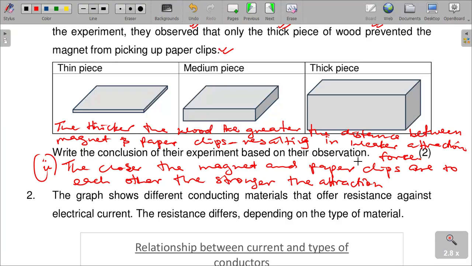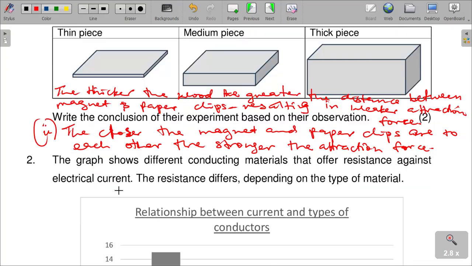The closer the magnet and paper clips are to each other, the stronger the attraction force.